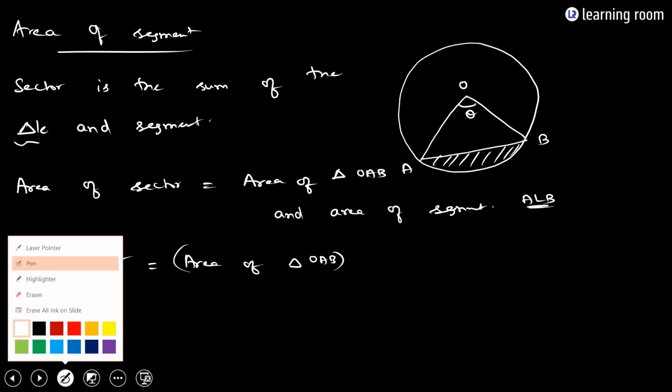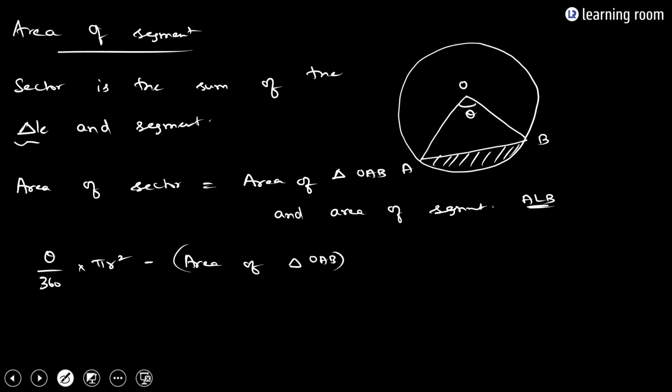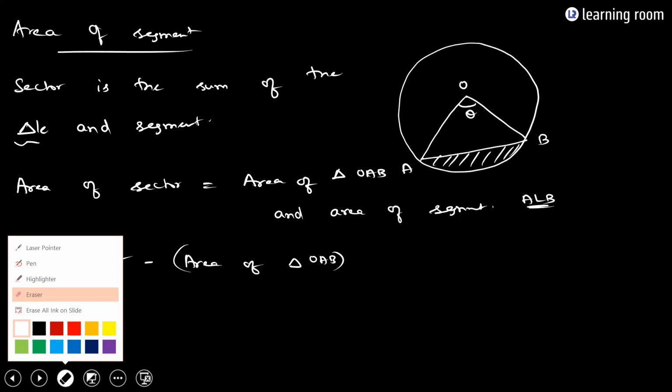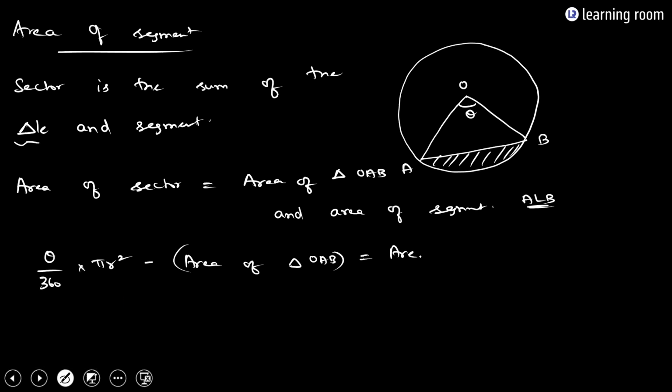So I'll push it to the left hand side. Theta by 360 into pi r square minus area of the triangle OAB is equal to area of segment ALB. Clear?